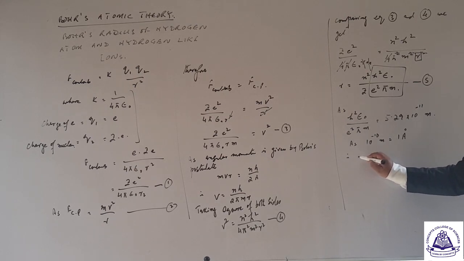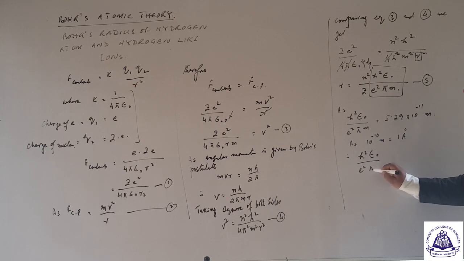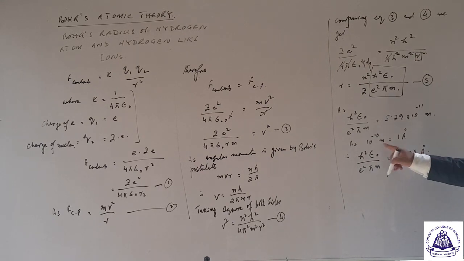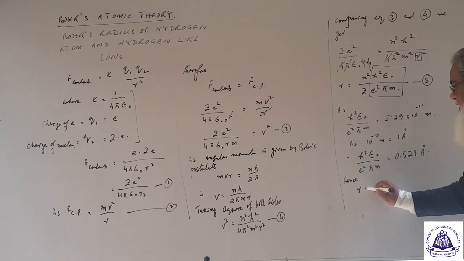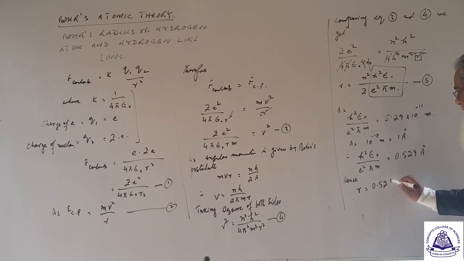Therefore, h square epsilon naught over e square pi m becomes equal to 0.529 angstrom, and 1 angstrom is equal to 10 raised to power minus 10 meters. Hence, radius of the atom becomes equal to 0.529 angstrom into n square over z.